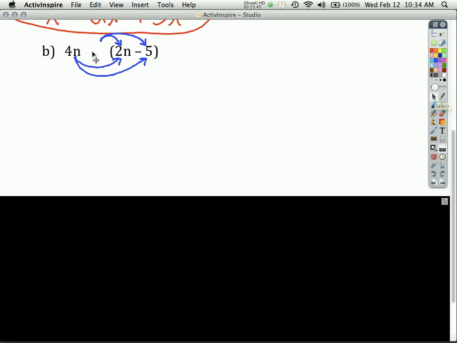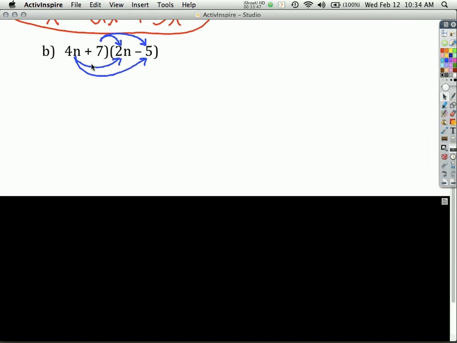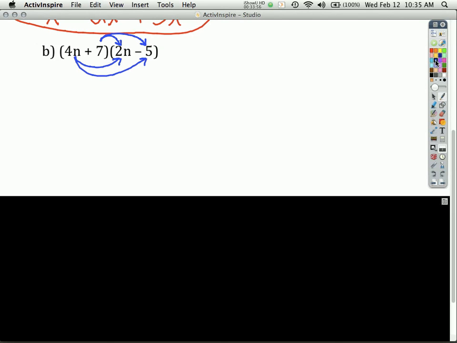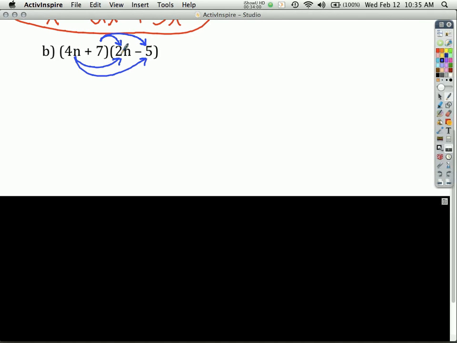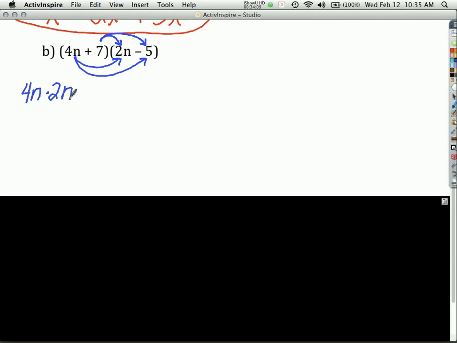That's what we're doing. We're distributing both. Start from the left and work your way across. So 4n times 2n. So we're going to do this first. 4n times 2n, plus 4n times negative 5.